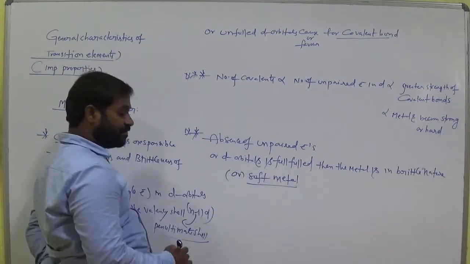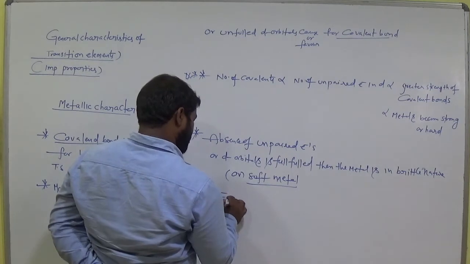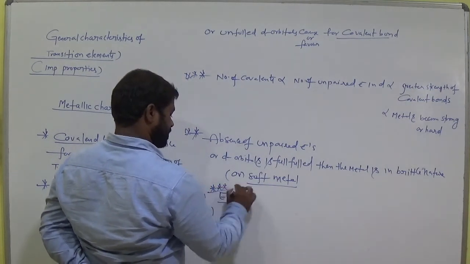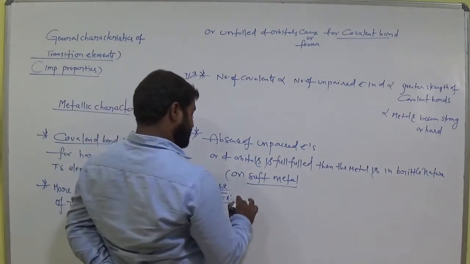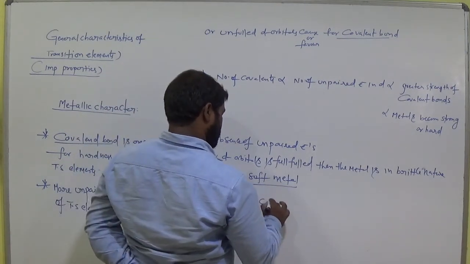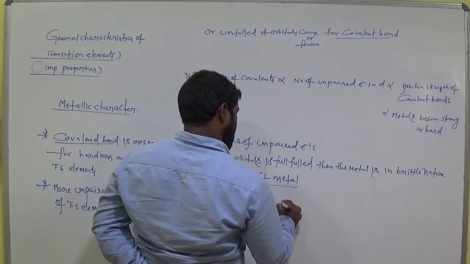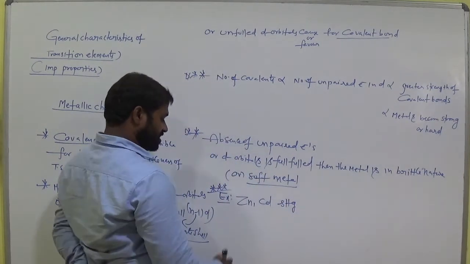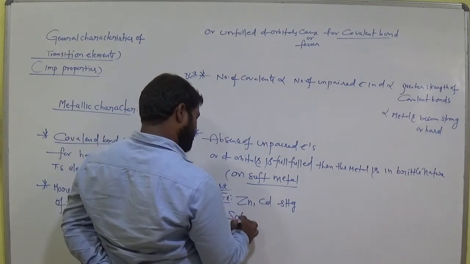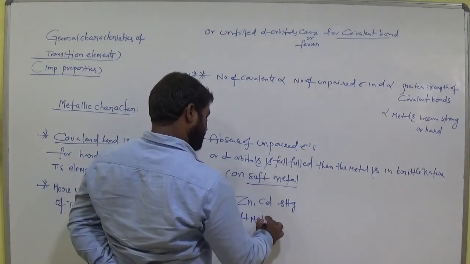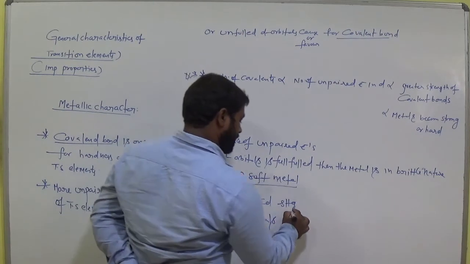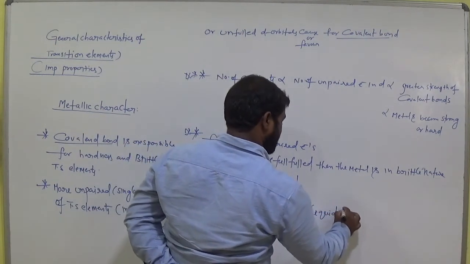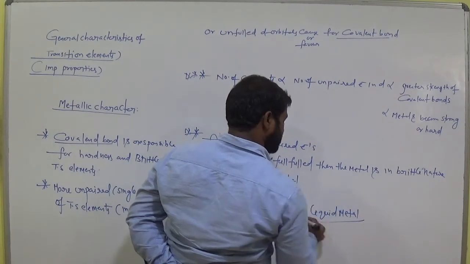I will give examples: zinc, cadmium, and Hg. These are soft metals. Even mercury is a liquid metal, almost in a liquid state.